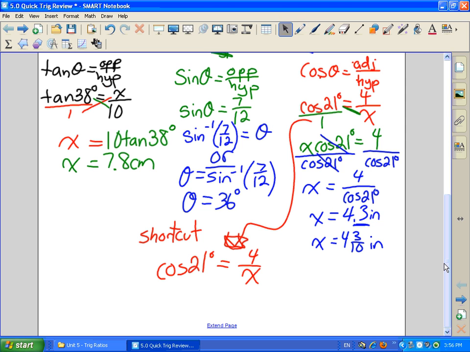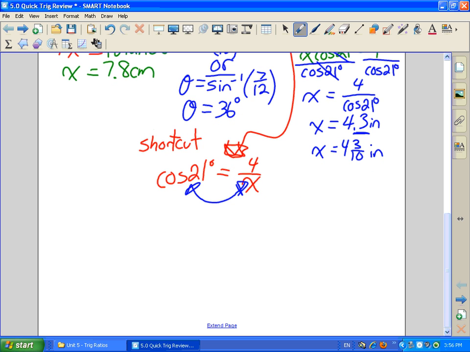When x is on the bottom, we know we eventually are going to multiply these two together, but then we're actually going to divide. So I'm just going to do what's called a switch. So you may remember that. So x equals 4 divided by cos of 21 degrees. It just avoids you having to divide both sides. So it saves a line. Okay? And then you would get your answer. X equals 4 3/10 of an inch.